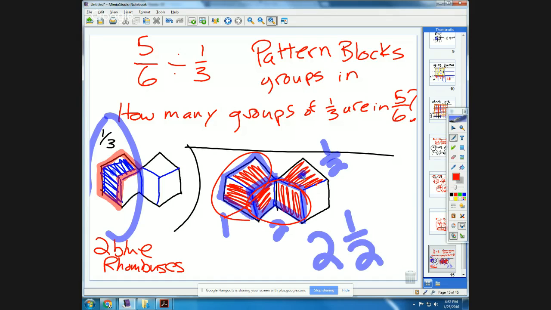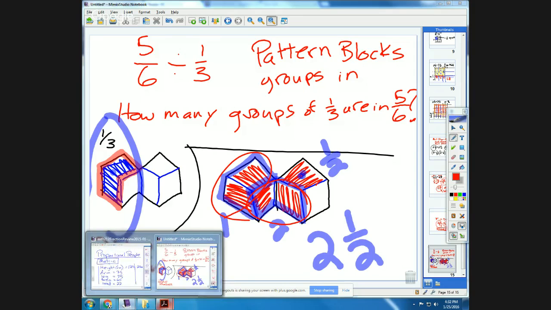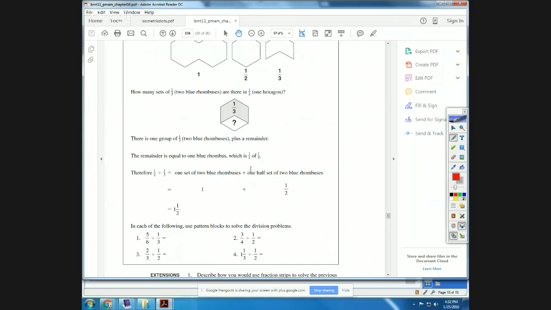Should we try another one? How about let's do 2/3 divided by 1/2.